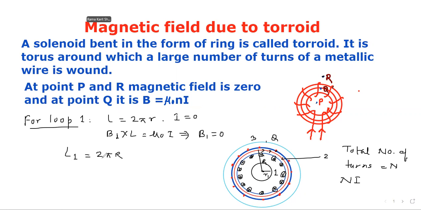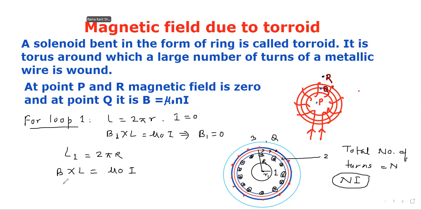If we apply Ampere's circuital law, we get B times L equal to mu naught I, but as I told you, we have to write current as Ni because it will circulate n times here.